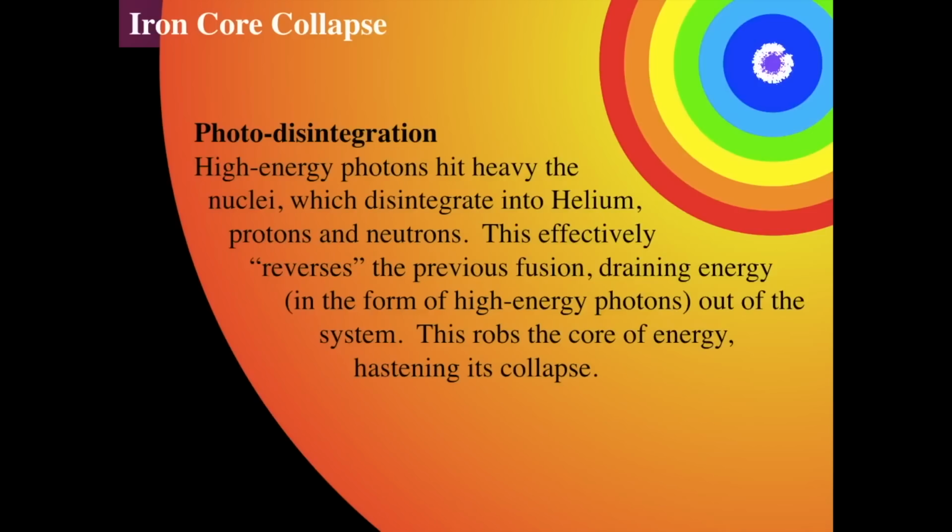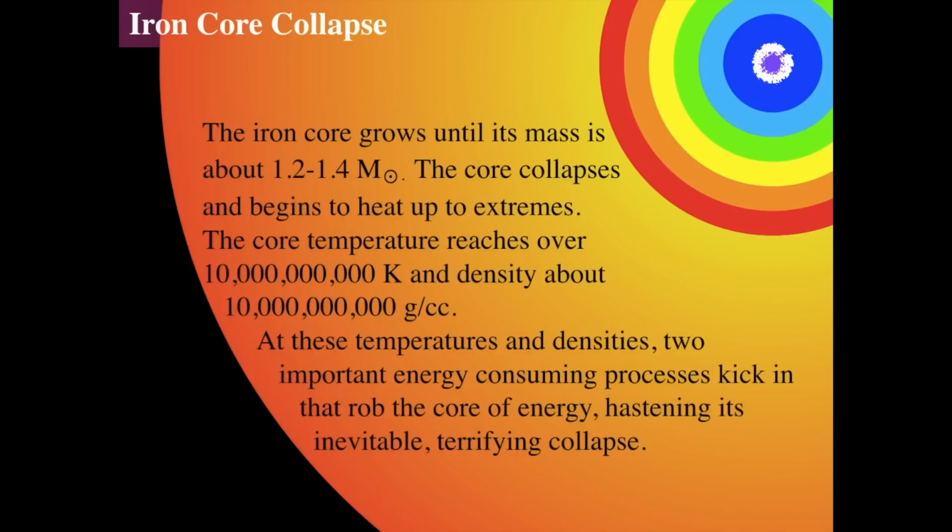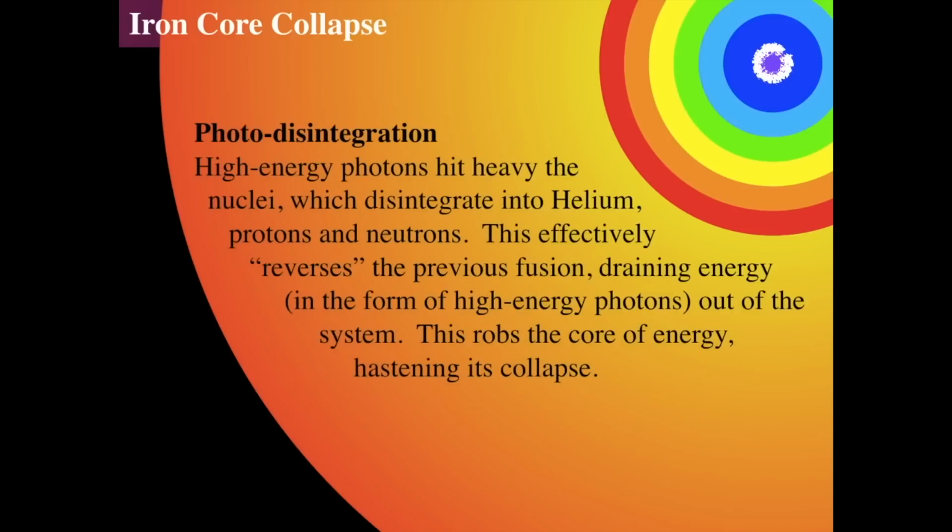And once the temperature of the center of the area exceeds about 10 billion Kelvin, which is really high, that's 10 billion, right? 10 billion. Once it exceeds that, then a significant fraction of the energy of the light actually has an energy on the order of about 10 or so mega electron volts, which is a very high energy gamma ray. So once these gamma rays go flying around, they can actually disintegrate the iron nuclei.